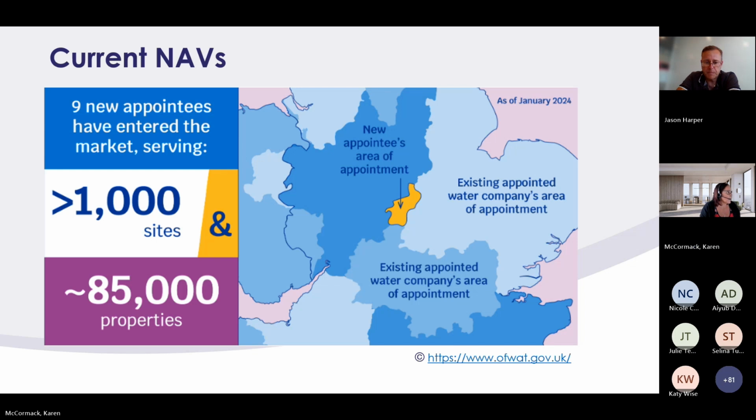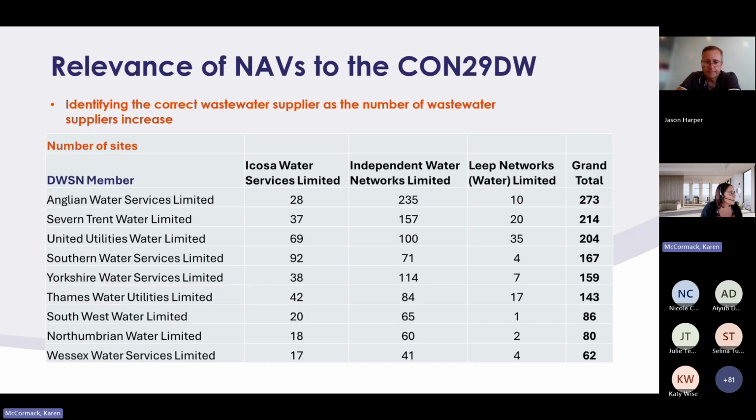Thank you. Okay. So if we just move on, I want to try and link the NAVs back to the CON29DW production now. This slide just shows the number of sites for the 3 largest NAV suppliers across the DWSN member areas in England. In total, there are 1,388 sites, and that's just from 3 NAV suppliers.